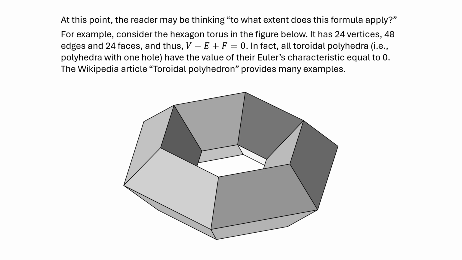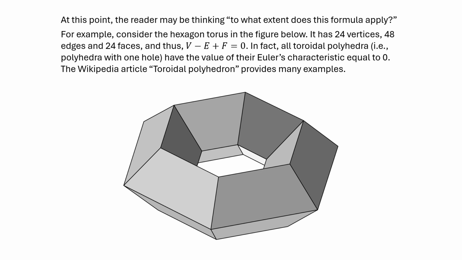It's a little bit hard to count here, but if you do the counting, it has 24 vertices, 48 edges, and 24 faces. And when you do the formula here, you come up with 0. So we don't get the 2 that we had gotten before, and that actually has to do with the hole.